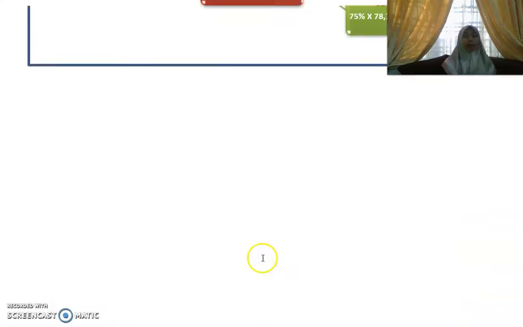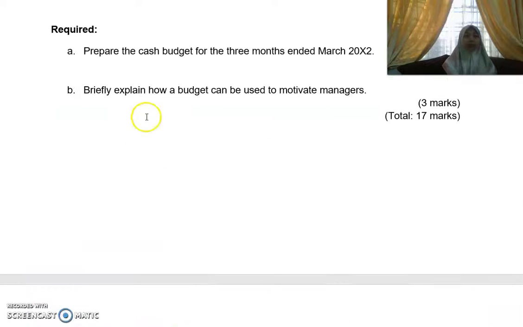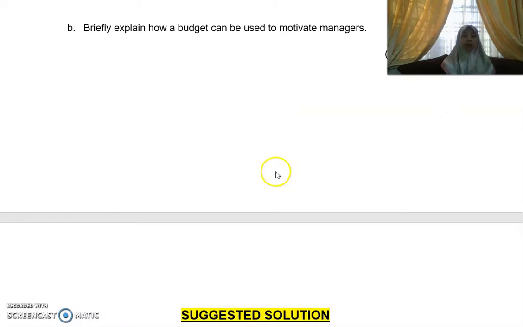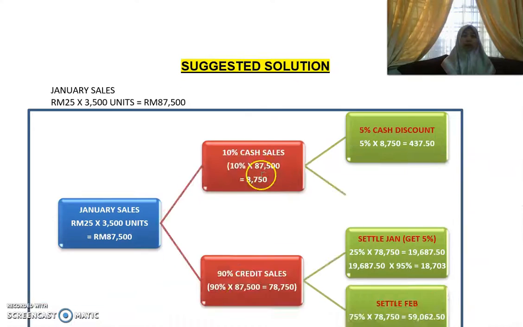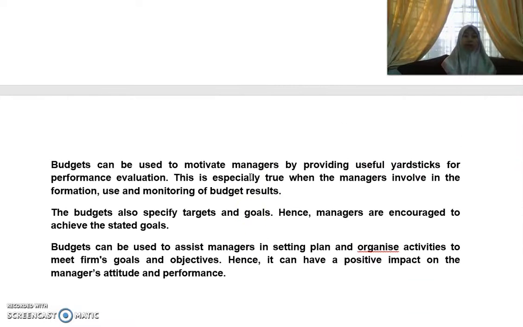So part B of the question asks you to briefly explain how a budget can be used to motivate managers. This is basically the theory part. You can say something like: a budget can be used to motivate managers by providing useful yardsticks for performance evaluation. Especially when the managers are involved in the formation, use and monitoring of the budget results, they will be more motivated.